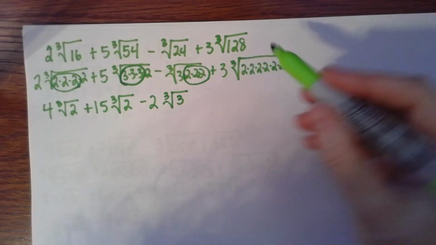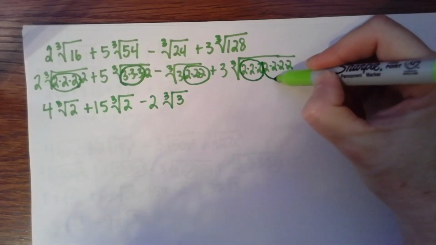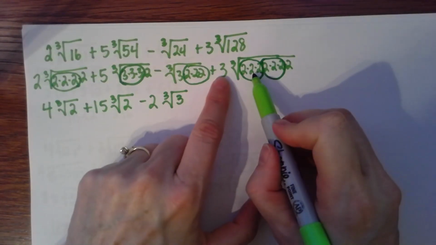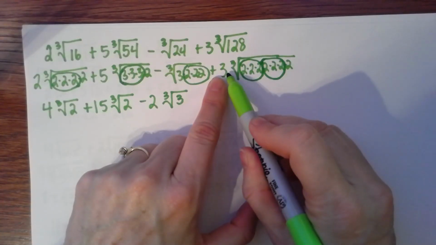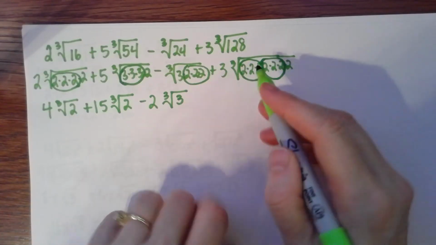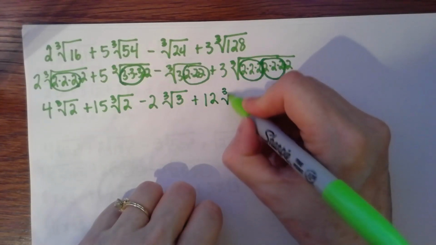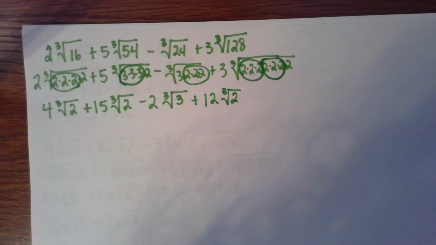And then looking for groups of 3, we've got a group of 3 here, and another group of 3 here. Okay, so when we bring out the first 2, 3 times 2 is 6. Bring out the second 2, 6 times 2 is 12. So we'll have 12 out here and still have that 2 that doesn't have any friends left under there.